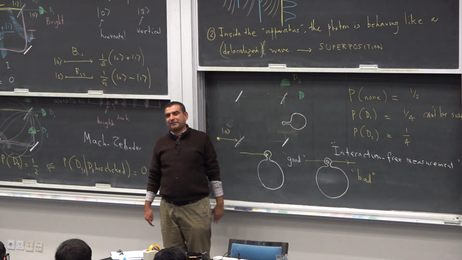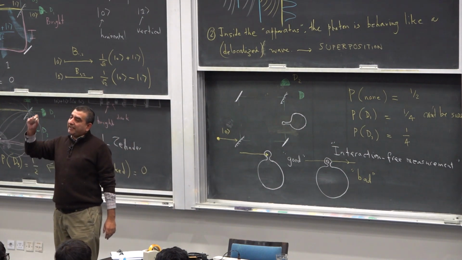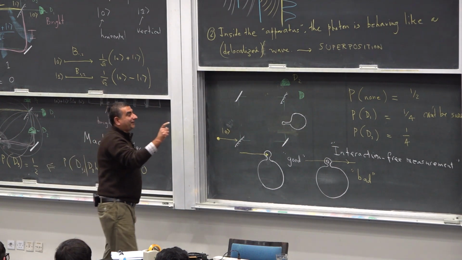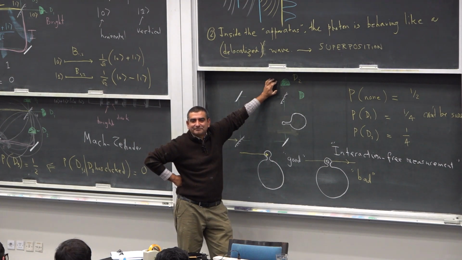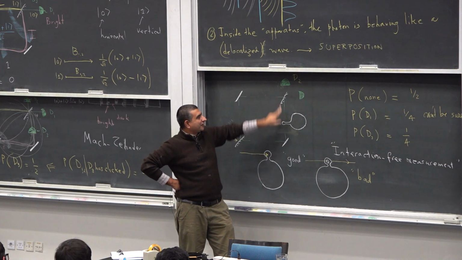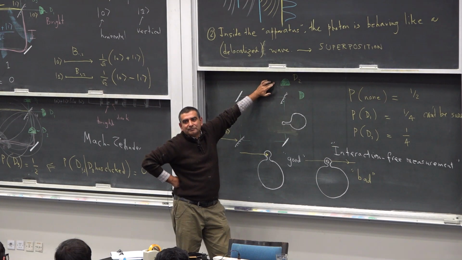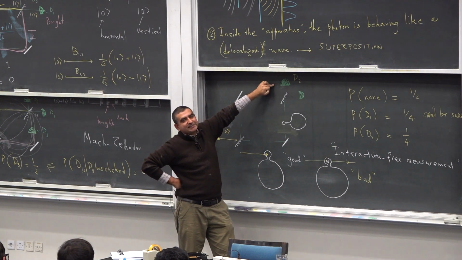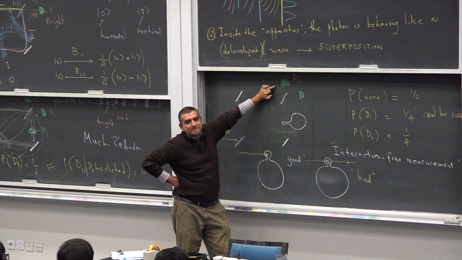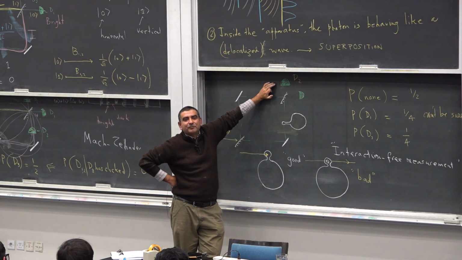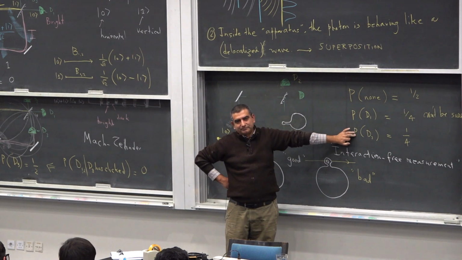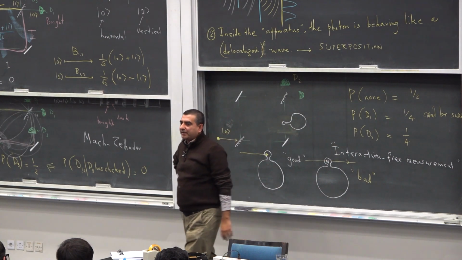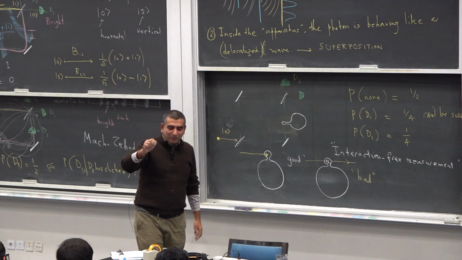A bad bomb will always keep this detector dark, correct? Because the photon is going to pass straight through. However, if this detector clicks, which is going to happen with some probability 1/4, then you would know that this bomb is good. And I will give you some homework problems about this.